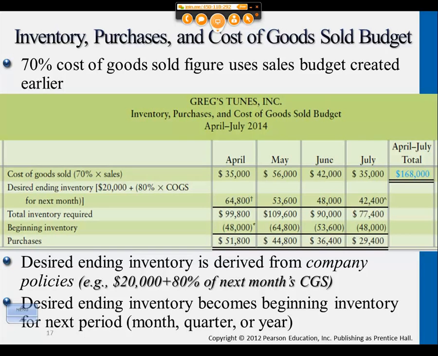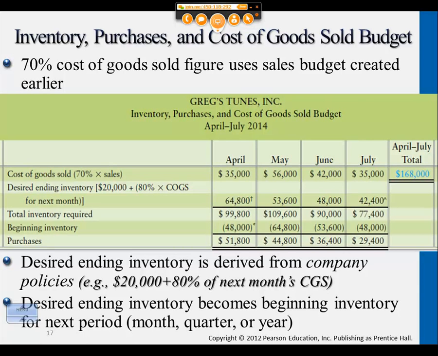This is an example of your inventory purchases and cost of goods sold budget. So what are the components? We have our cost of goods sold, we have our ending inventory. All of these are projected numbers. We have total inventory, beginning inventory, and we find our purchases.